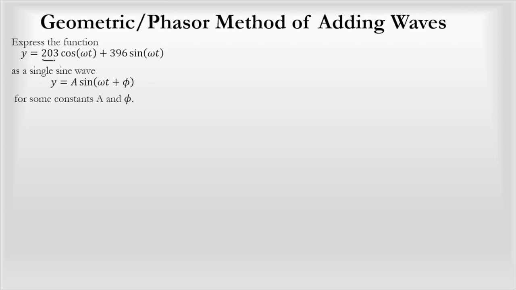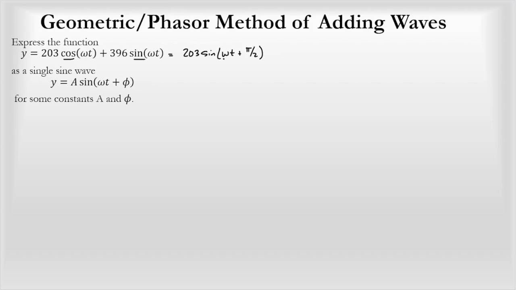What we're going to do is just let this represent a vector in space. Let me do something real quick here. Instead of having a cosine and a sine, I'm going to switch this up so that I have two sines. So I'm going to say this is 203 sine omega t plus pi over 2. You're okay if I say that?